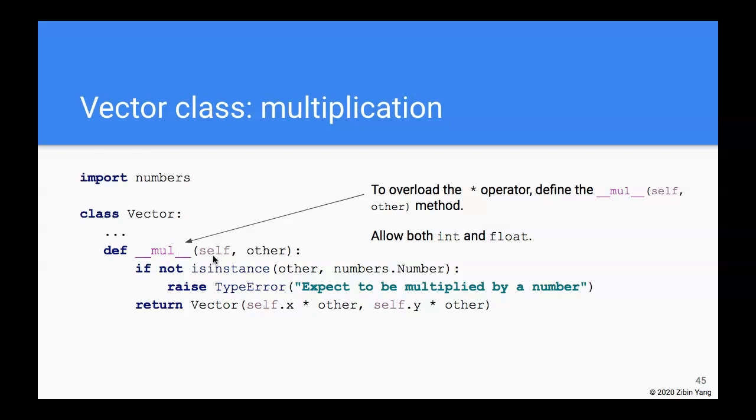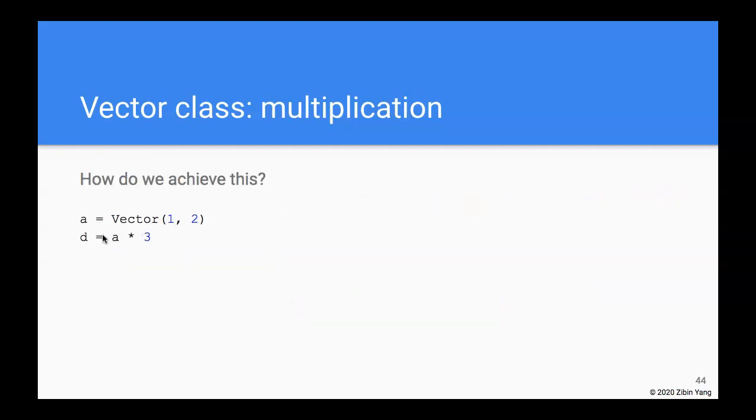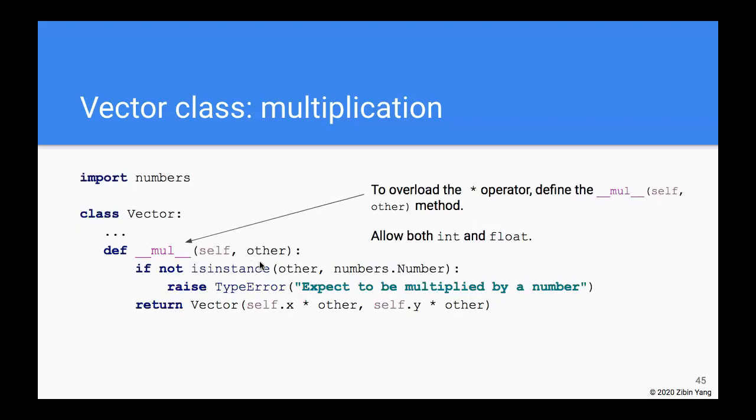And the same thing, it has a self and other, the two things that we're trying to multiply together. Hopefully by now you know that self would be the vector itself, and in this case, the other, at least in this syntax, would be the number 3.